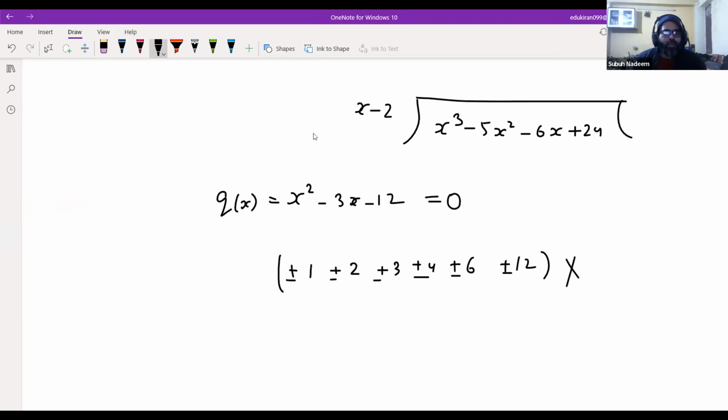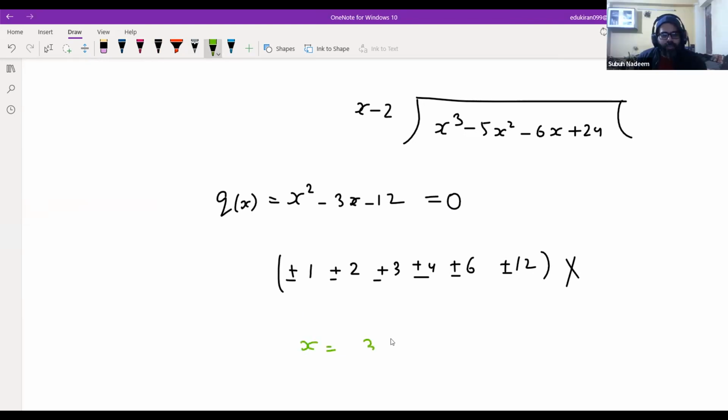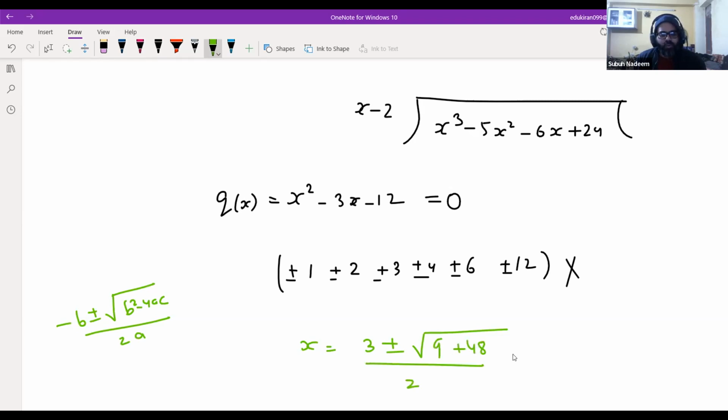If you remember the quadratic formula, x is equal to minus b plus minus root over b square minus 4ac by 2a, where b square minus 4ac is called the discriminant. This will be 9 plus 48 by 2.